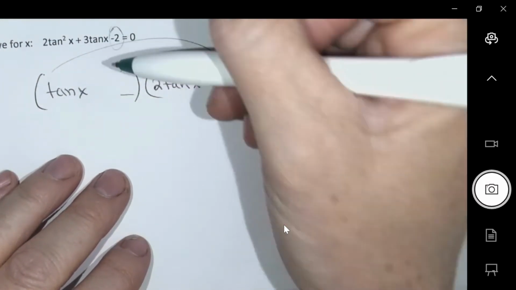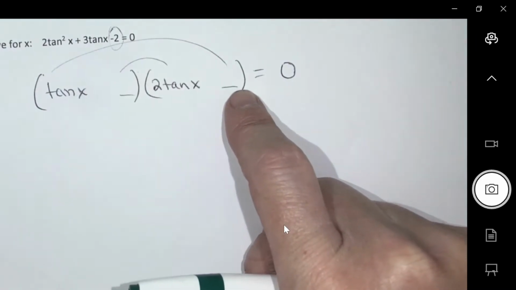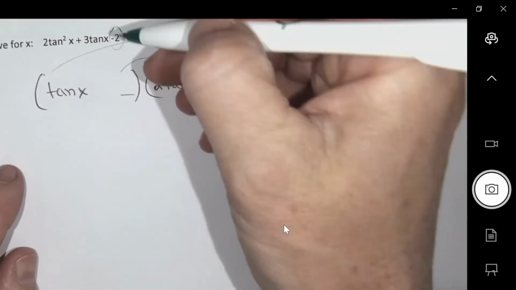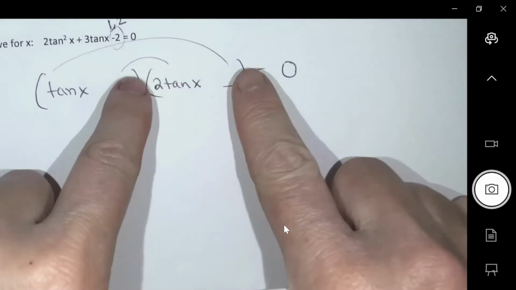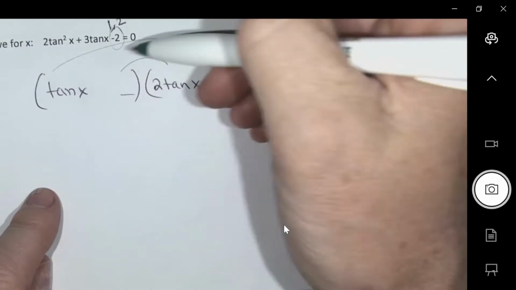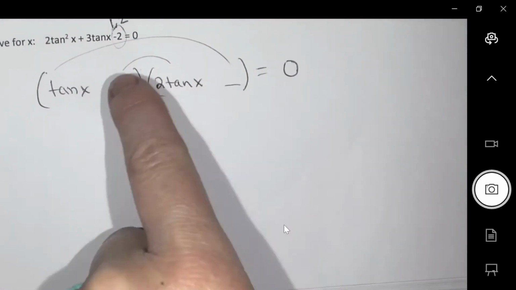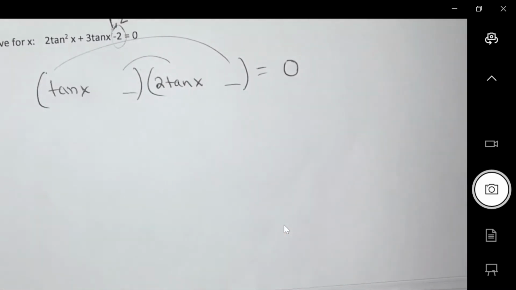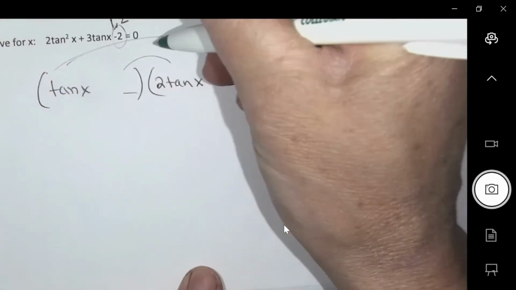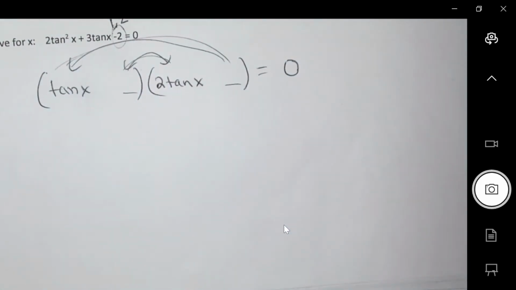What's the only way to produce the last 2? You need a 1 times a 2. Can you figure out with the puzzle where you want to put the 1 and where you want to put the 2, in order to do this and this together, making a 3? Use some problem solving stuff.